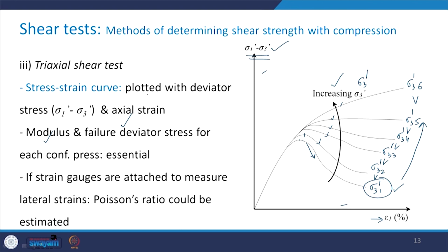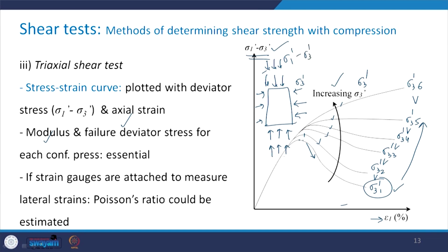Now in case the strain gauges are also attached in the lateral direction, you see that this is the specimen. You have the all around confining pressure first. So this is your sigma 3, and then we increase the axial stress, which is sigma 1 prime minus sigma 3 prime.